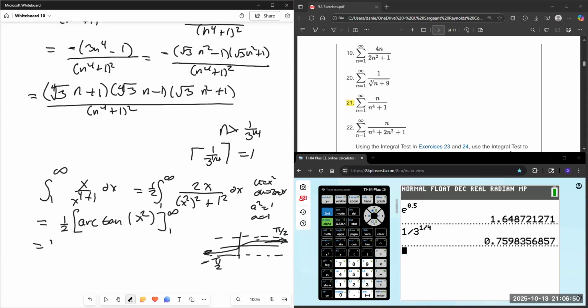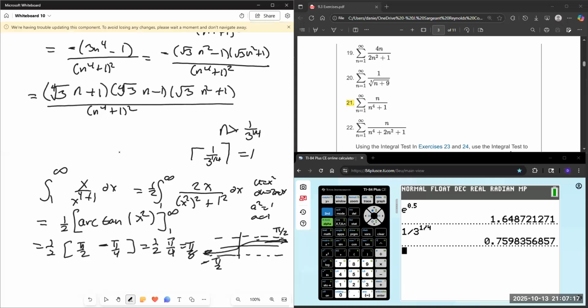So this is 1/2, and then the limit as x approaches infinity of arctangent of x squared, since infinity squared will be infinity, is this right-hand side over here. That's going to be pi over 2 minus arctangent of 1, which is pi over 4. So this is 1/2 of pi over 4, which is pi over 8.